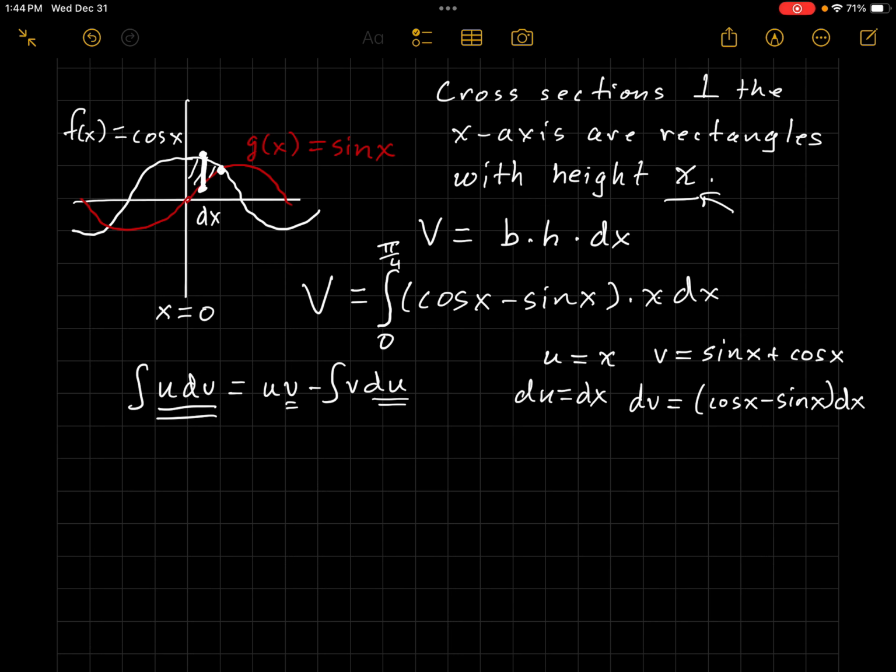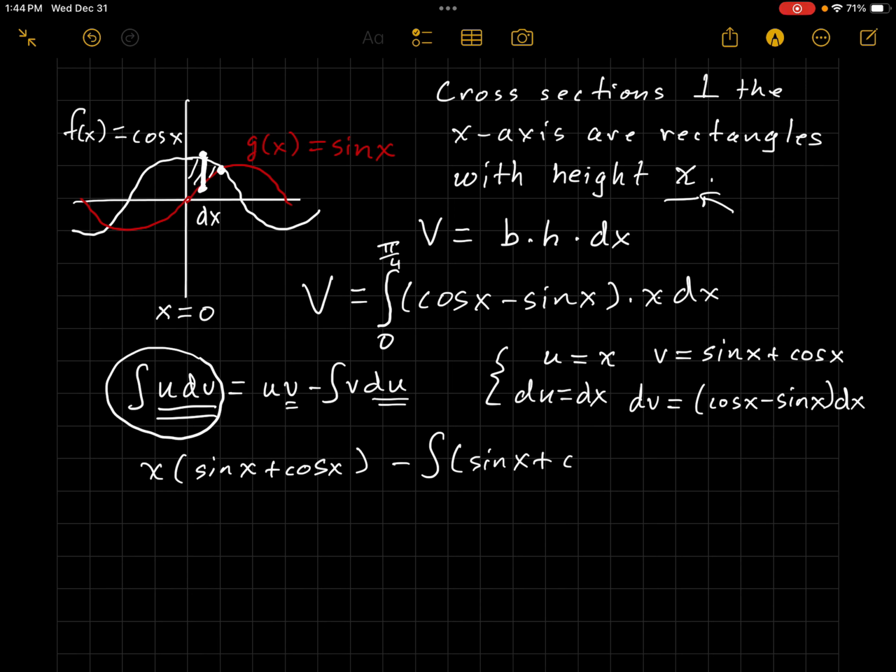Since I've been given this side, I'm going to plug these pieces into the right side. So I have u times v minus the integral of v du. I'm leaving off my limits for now. I'll put them in at the very end.